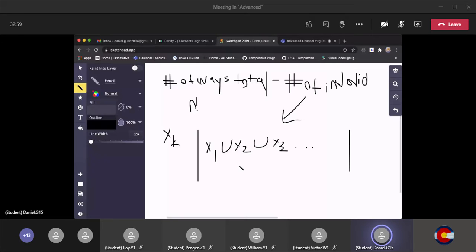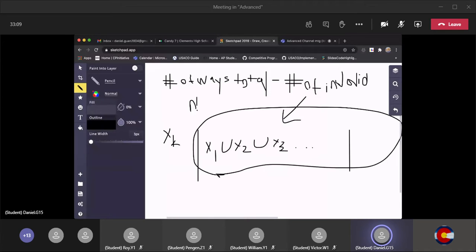And the principle of inclusion and exclusion basically calculates this expression. You can honestly just memorize the formula. You don't really need to know the reasoning behind it. So this is equal to x of 1 plus x of 2 plus x of 3.